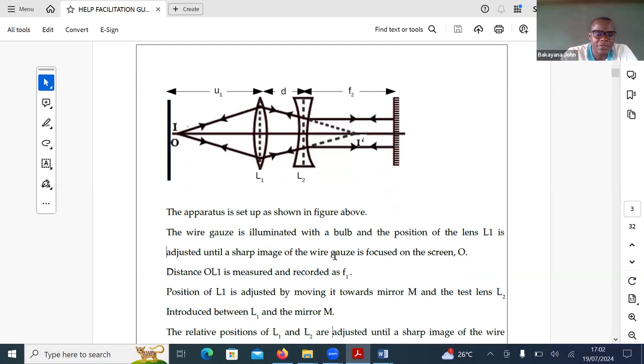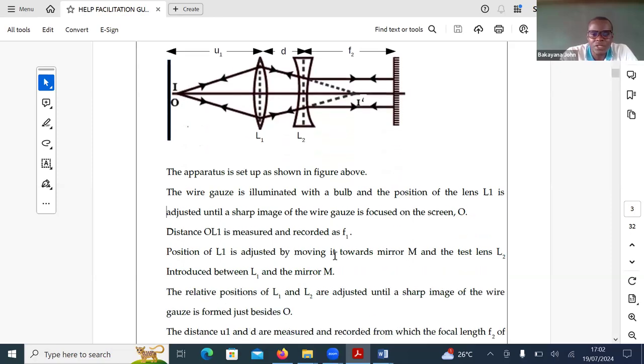Okay. As they are thinking, let me continue. Okay, if no one is saying a word, we can continue. So how do we come up with F2, which is the focal length of a concave lens?